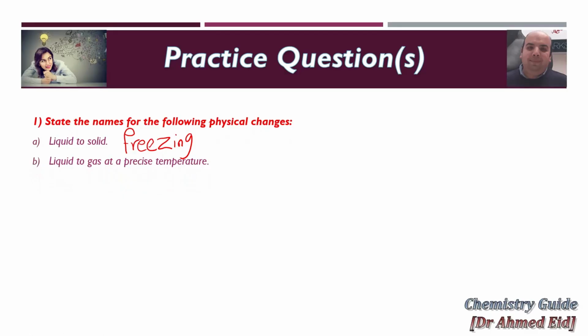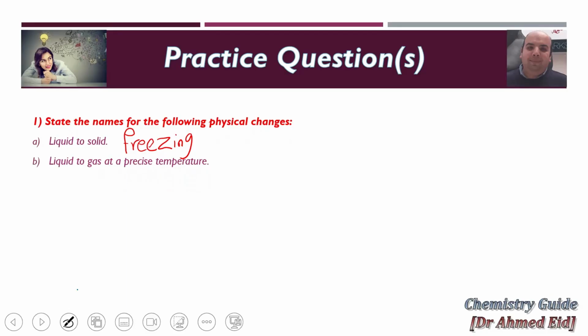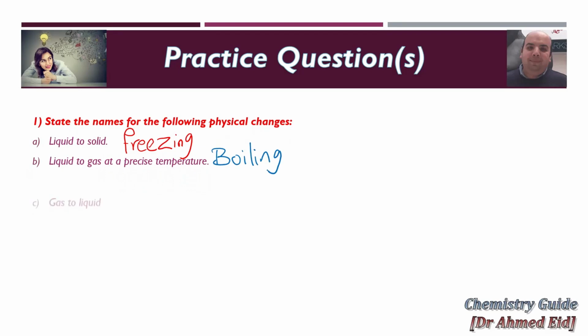When liquid turns into a gas at a specific temperature, this is called boiling. Remember that if he didn't mention a precise temperature, we can say evaporation.